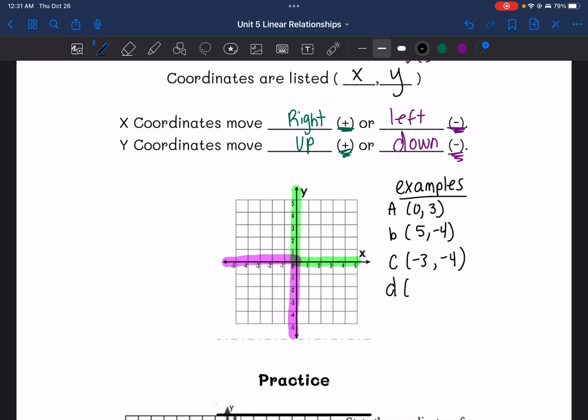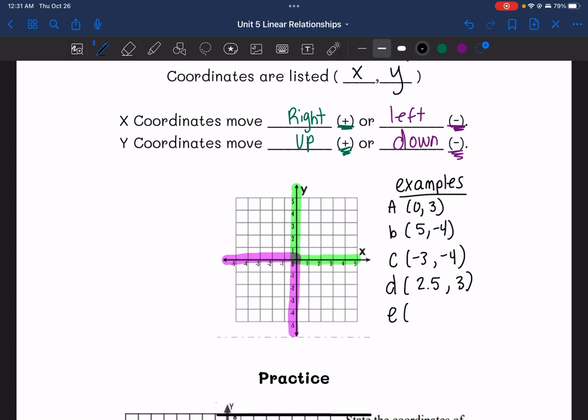D is 2.5, comma 3. Okay. E is going to be, now this is going to be a little bit different than the notes that we took, but it's okay, no worries. Okay, then I'm going to do one more, and that's going to be, let's do 4, 0.